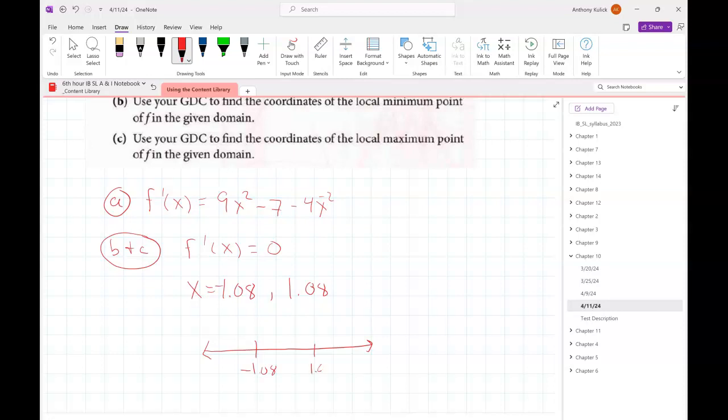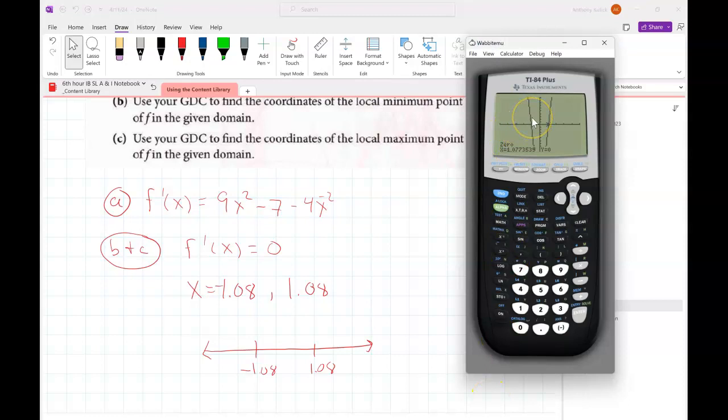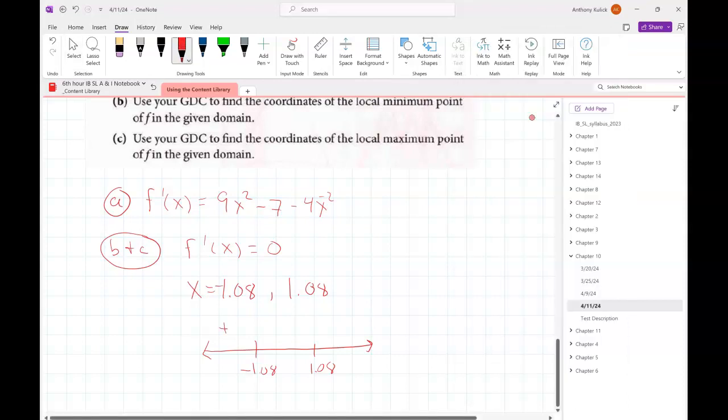Yeah, so I'm going to draw like a sign diagram. So look at, before I get to -1.08, my derivative is positive. Between -1.08 and positive 1.08, it's negative. And then after positive 1.08, it's positive again, right?